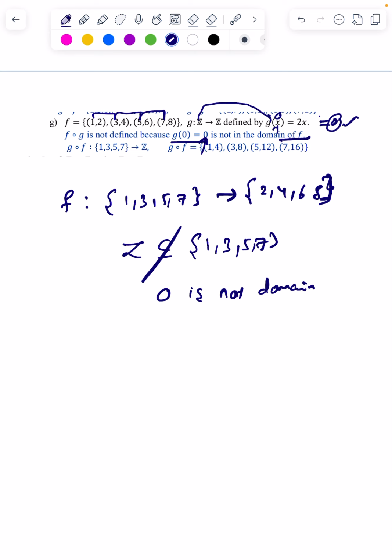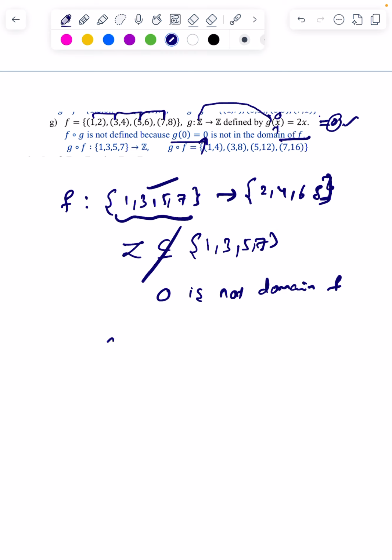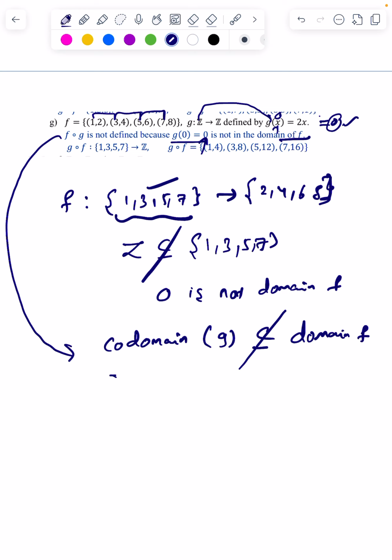We can clearly say that in the domain of f, there is no 0. That's why we can say this is not defined. You can also represent it like this: the codomain of g should be a subset of the domain of f. If it is not satisfied, we can say it is not defined. In this way also you can check it.